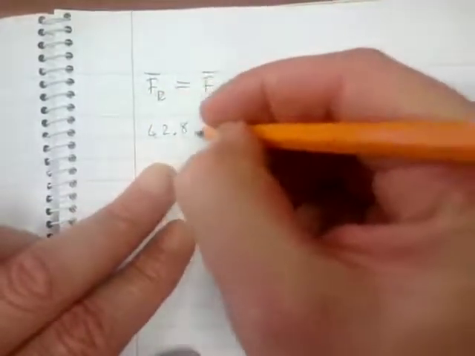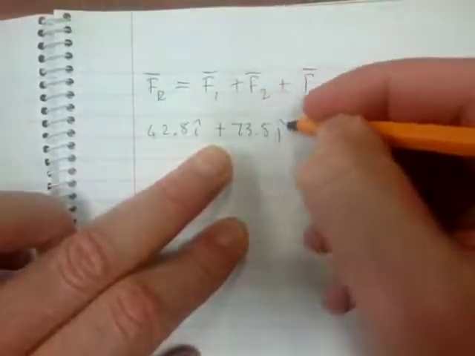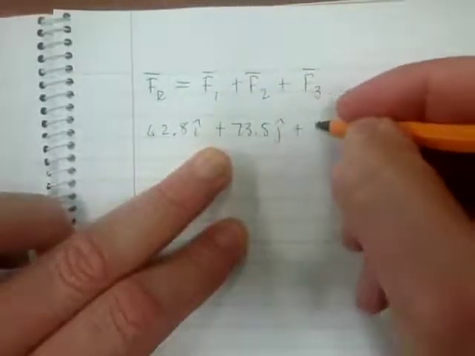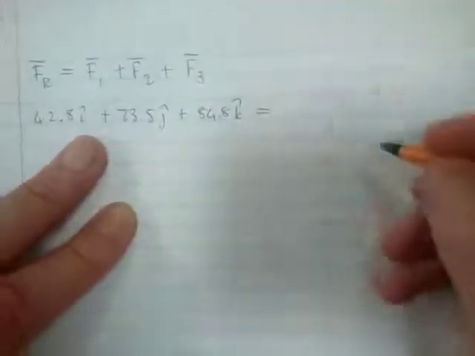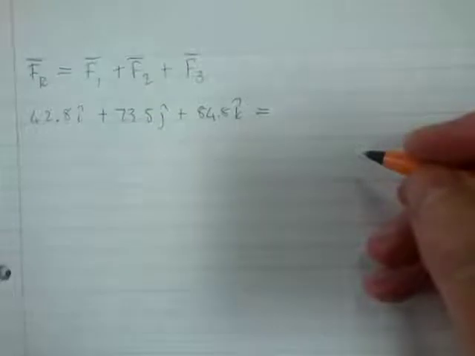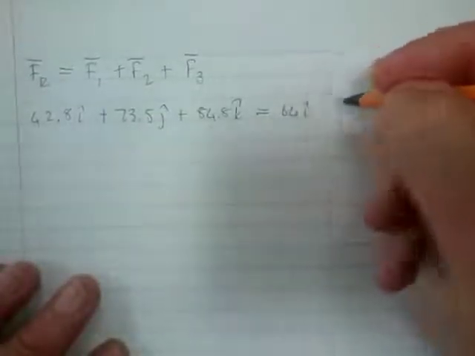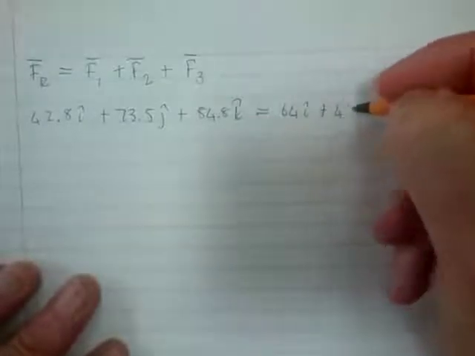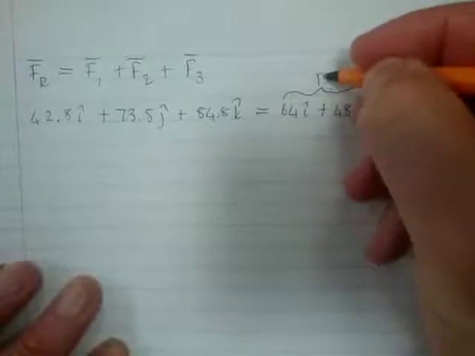It is equal to 42,8i plus 73,5j plus 84,8k equals F1, which is 64i plus 48k. That's my F1.